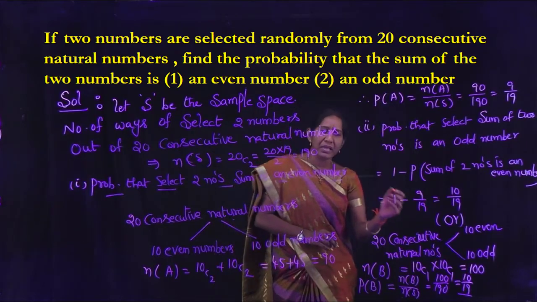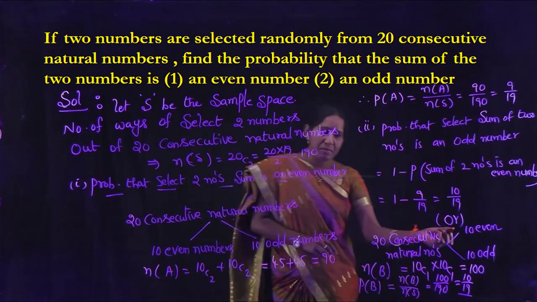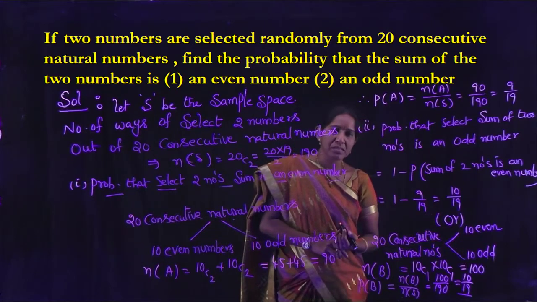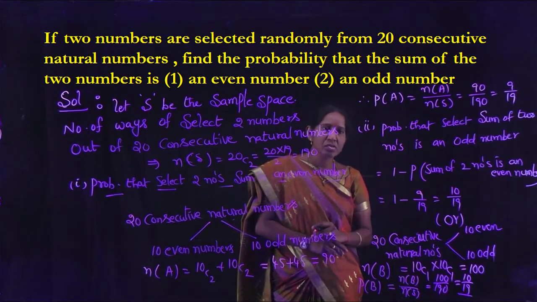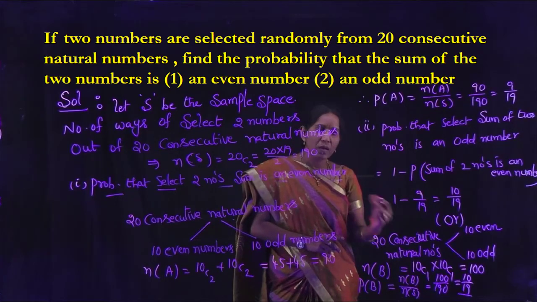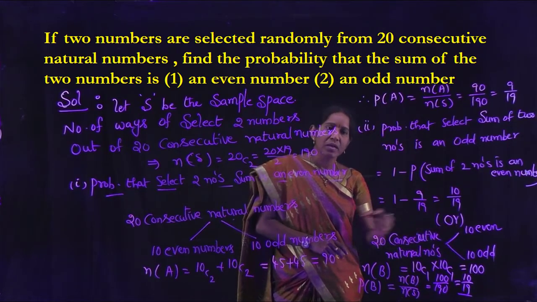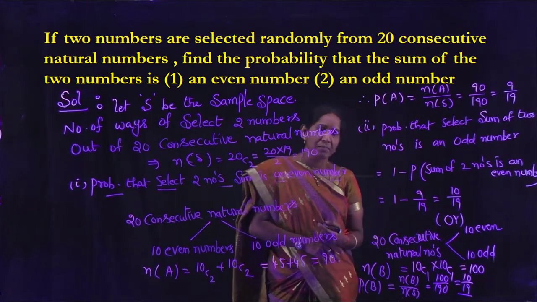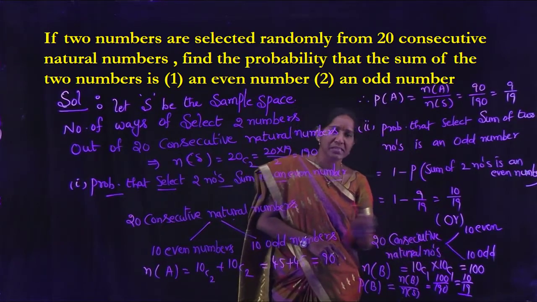Out of 20 consecutive natural numbers, there are 10 even numbers and 10 odd numbers. Then the sum of two numbers is odd, so we select one number out of 10 even numbers and one number out of 10 odd numbers. This can be done in 10C1 into 10C1 ways.